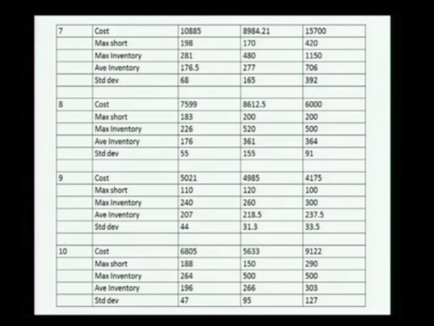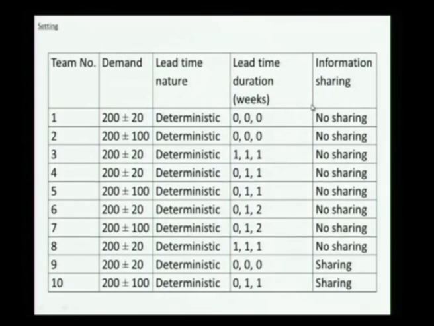The total cost in the system also behaves in a certain manner. This is of the order of 5000, 4900, 4100 compared to 7599, 8612 and 6000, and one can see that group 8 did not have information sharing, while group 9 has information sharing and therefore is able to coordinate better.